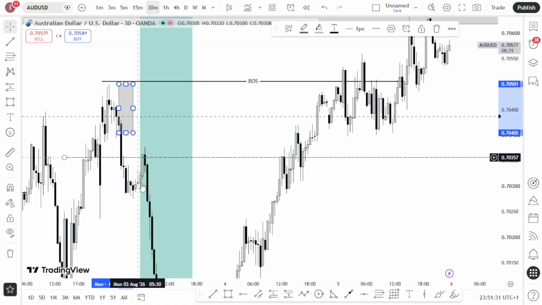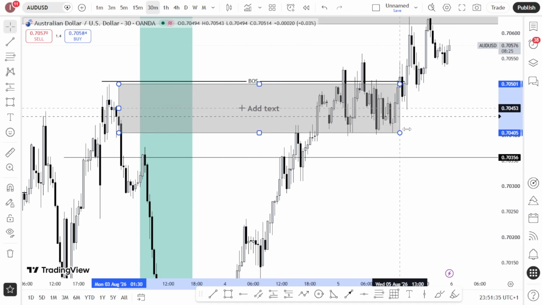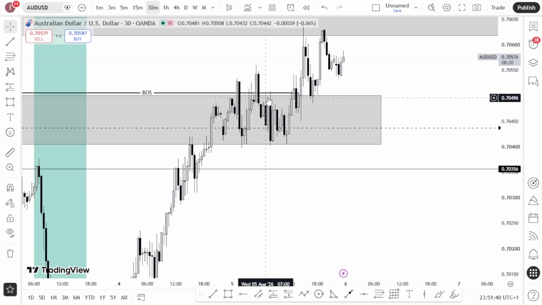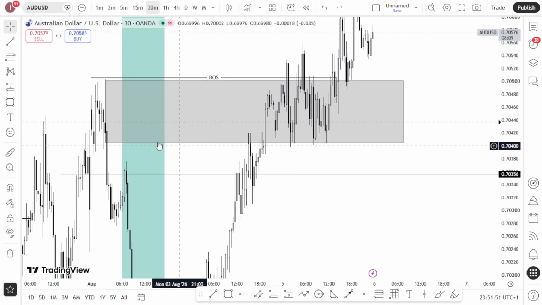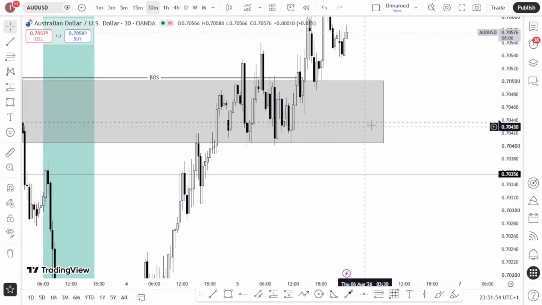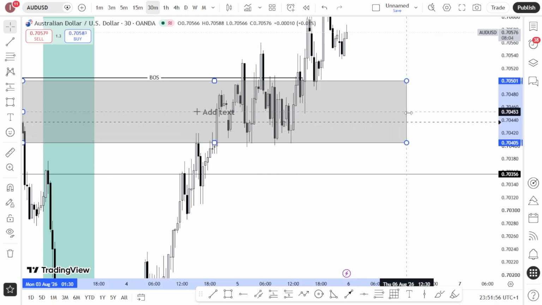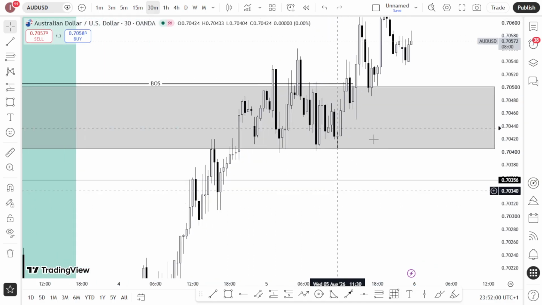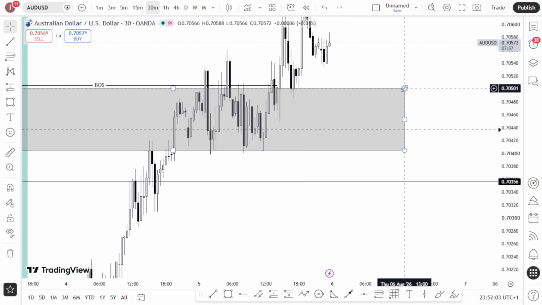If I extend this zone to the left, it will be more of a break and retest here. You can see this rejection and reaction here, right? So there's a supply zone here which has extended here. It may serve as break and retest or breaker block, whatever you call it, right? So that is number one.